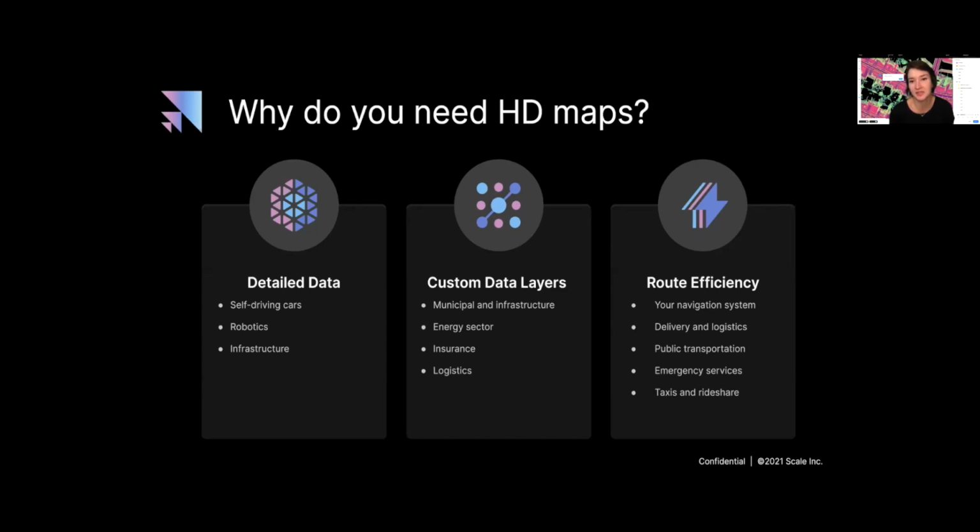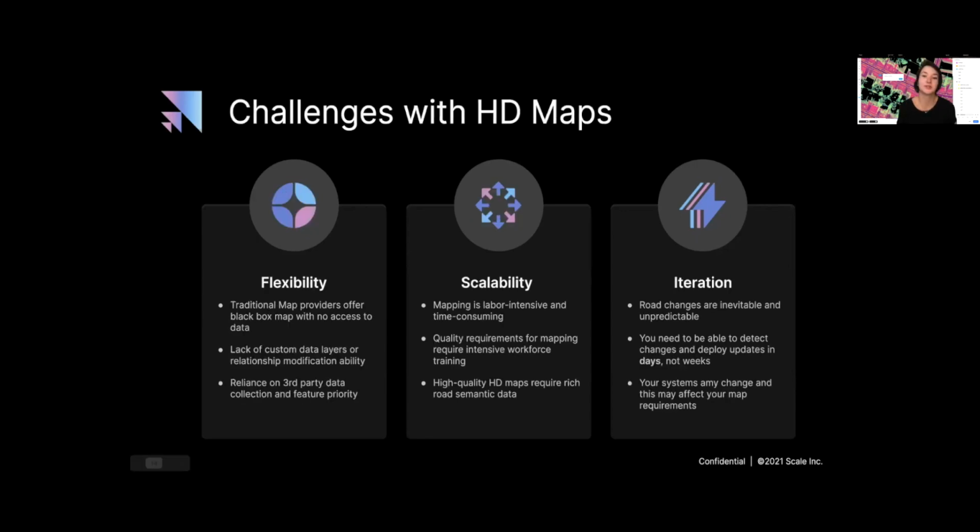And basically, your navigation systems technically use HD maps if they tell you to turn left from the third lane or what have you. And then anything and everything like delivery and logistics, public transit, they all may require very explicit route information.